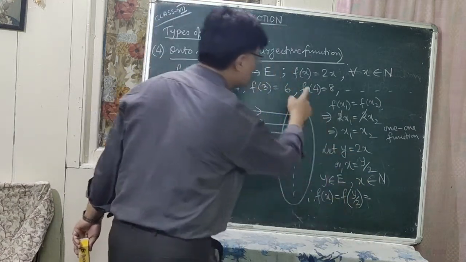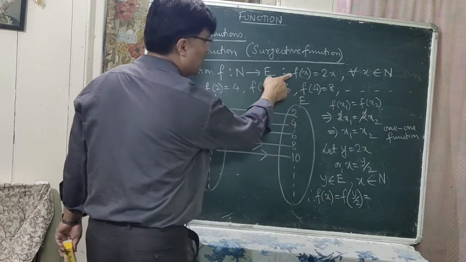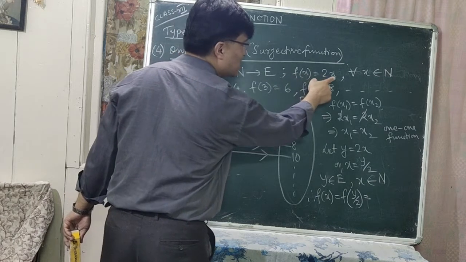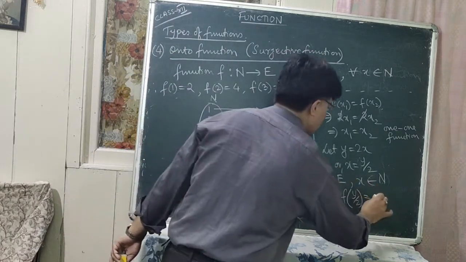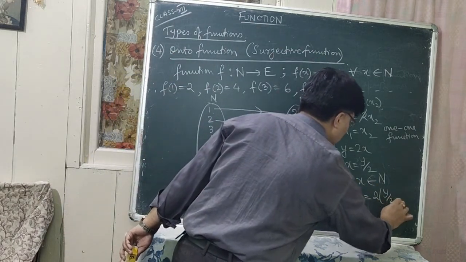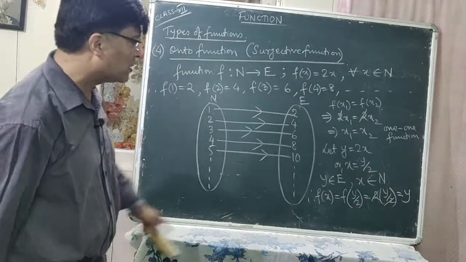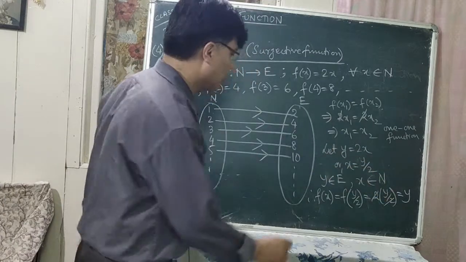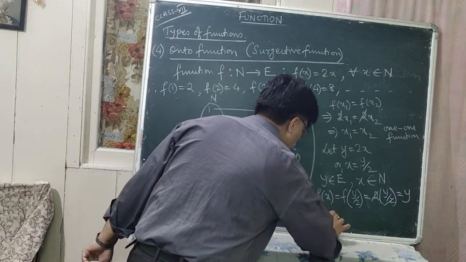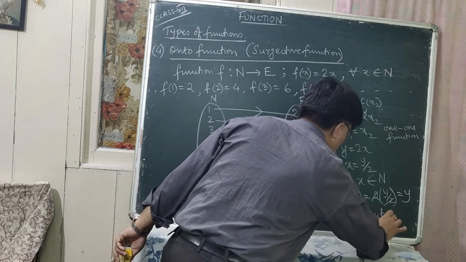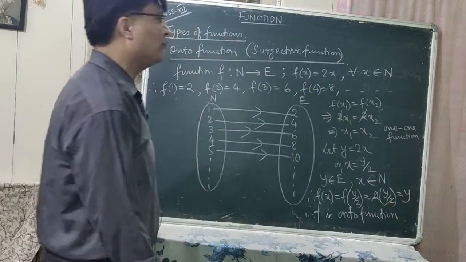So f of y by 2, यो x को जग्गामा y by 2 हाल्नु. f of x is equal to 2x यहाँ त x is equal to y by 2 हाल्यो भने यो x पनि y by 2 भइगयो so which is equal to 2 into y by 2 which is equal to, 2 gets cancelled, which is equal to y. That is we have proved f of x is equal to y. Therefore f is onto function.